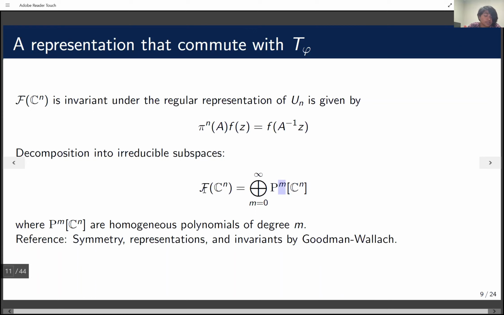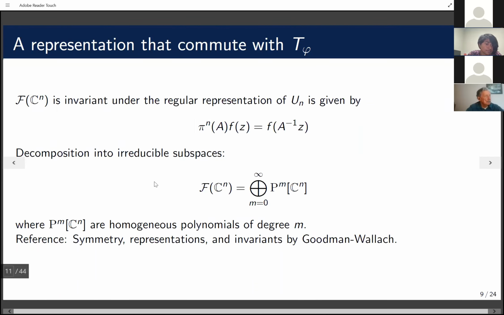So this gives us irreducible sub-representations of the regular representation of U(n). This is a fact from representation theory, and one of the references is this book by Goodman and Wallach.